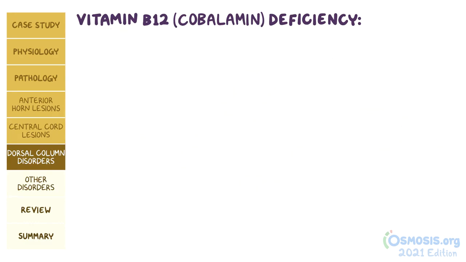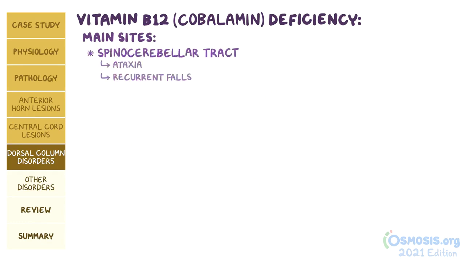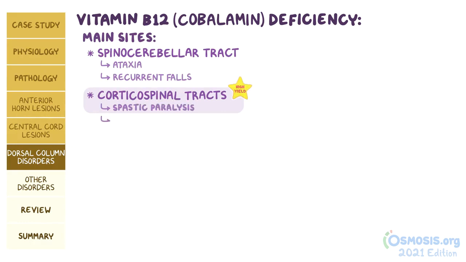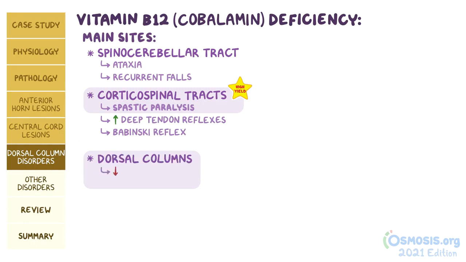What you should definitely remember is that the main sites of involvement are the spinocerebellar tract, resulting in ataxia and recurrent falls, the corticospinal tracts causing spastic paralysis, increased deep tendon reflexes, and the Babinski reflex, and the dorsal columns, causing decreased vibratory and position sense.